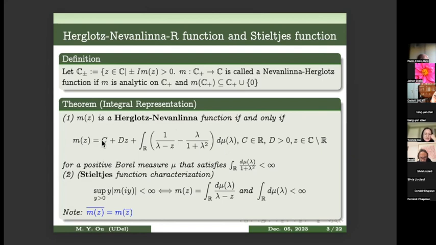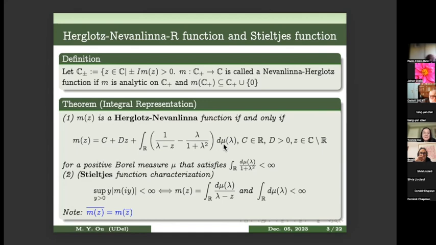There will exist a real number C, a real number D, and a positive Borel measure dμ, such that the Herglotz-Nevanlinna function can be represented as this linear part plus this integral part. As you can see, the dependence on z is in this integrand. There's a measure which is independent of your choice of z. So every Herglotz-Nevanlinna function can be identified with C, D, and this Borel measure.